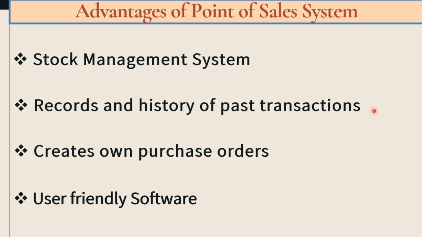So immediately that shop owner searches and finds whether you are the same customer who performed the transaction earlier. So in this way, that point of sale system or point of sale device keeps history and record of past transactions performed by the customers.